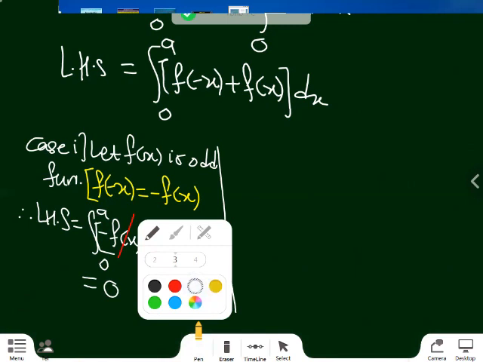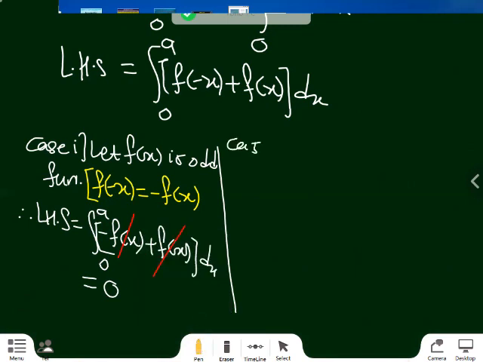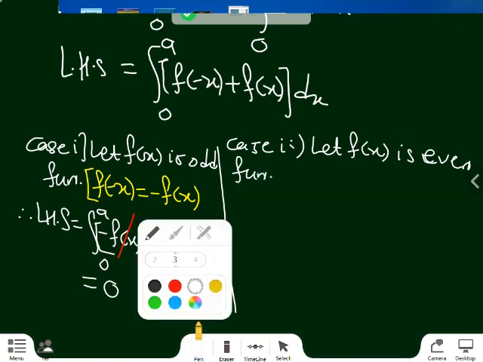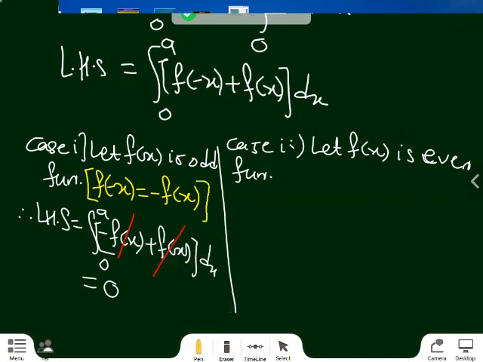Now for the second case, case 2, let f of x be an even function. Since f of x is an even function, we can write f of minus x equals f of x by the definition of even functions.